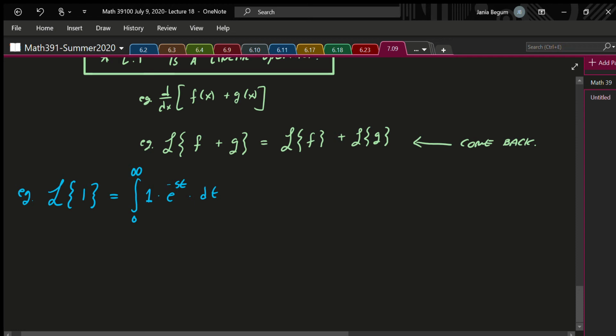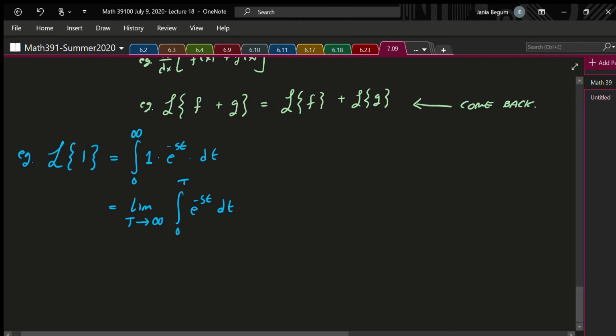We have infinity. So let's take the limit as, whatever variable you like, I like t, big T goes to infinity, of the integral from 0 to T of e to the negative st dt. Then we just integrate and take the limit as T goes to infinity.